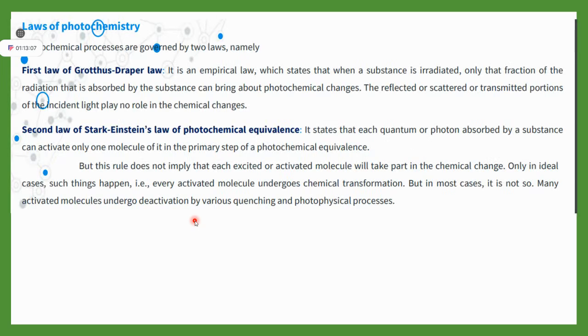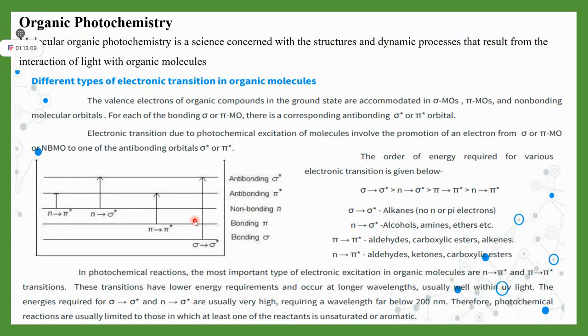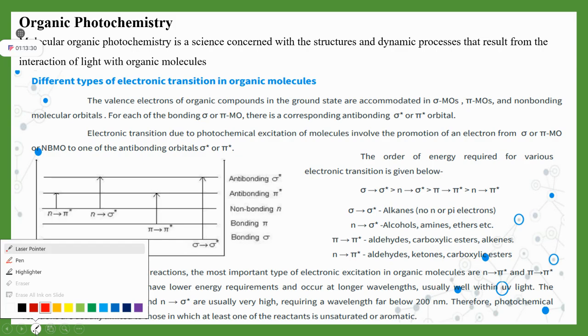So, this was the introduction which Sir has given in his first lecture about organic photochemistry. You should know among these possible transitions, which transition can occur in your organic compound. For that, you should know the functionality of your organic compound. Let me ask you one question, Prashant. Easy question.